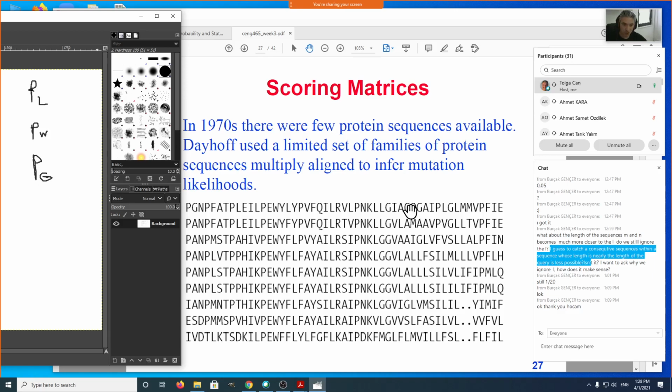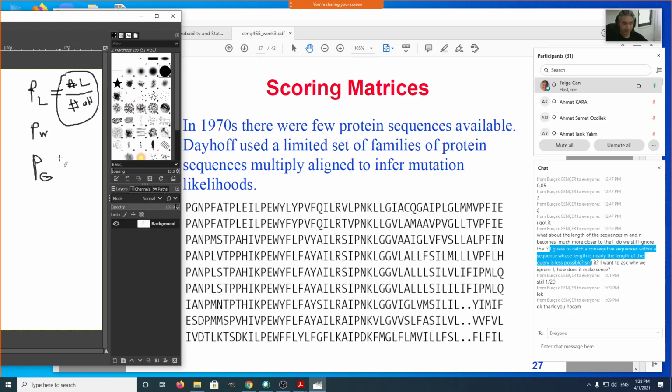Maybe G is really common, it occurs many more times than W. So you can just count how many L's there are and divide by the total number of amino acids in your data set. This is how this ratio can be used to approximate this probability.